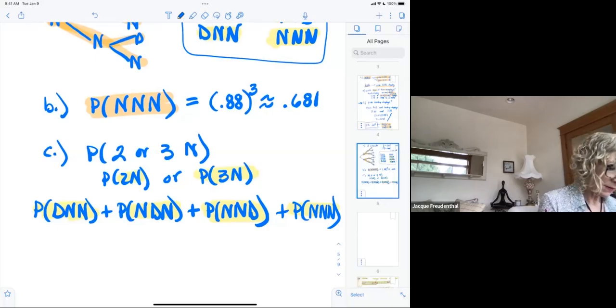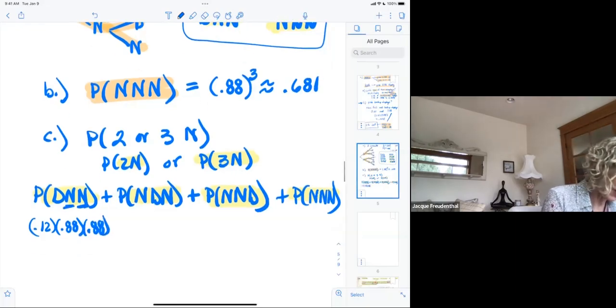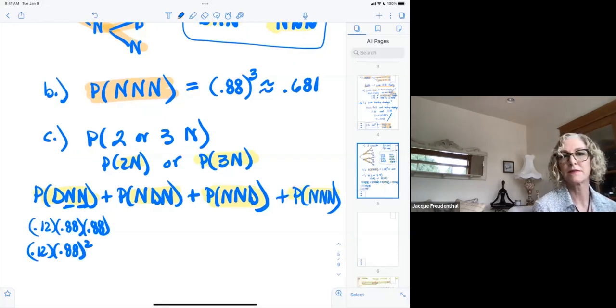Okay, so the probability of defective is 0.12. The probability of not defective is 0.88. And I can write that twice because I have not defective, not defective. But I certainly can write this more efficiently with an exponent.